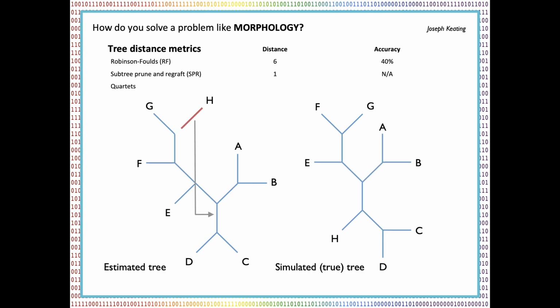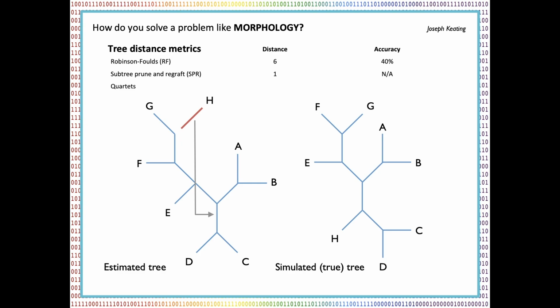Another distance measure used to compare trees is the subtree prune and regraft, or SPR distance. This method is so called because it involves pruning a branch and regrafting it elsewhere on the tree. The distance between trees is merely the number of prune and regraft moves required to transform one tree into another.